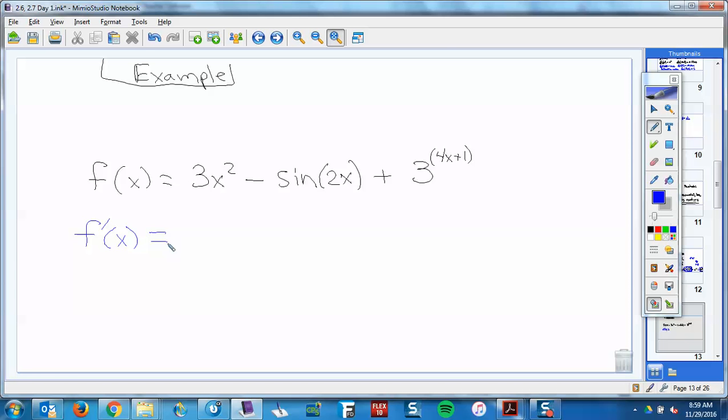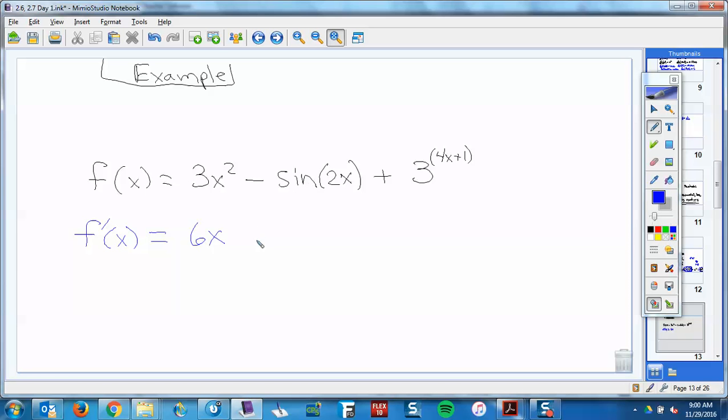I'll let you write that down. All right, so what do you think? What's the derivative of 3x squared? 6x, that's easy.